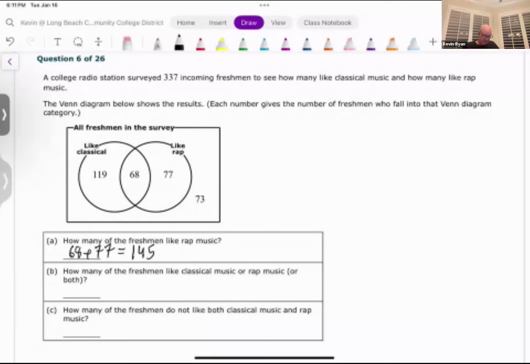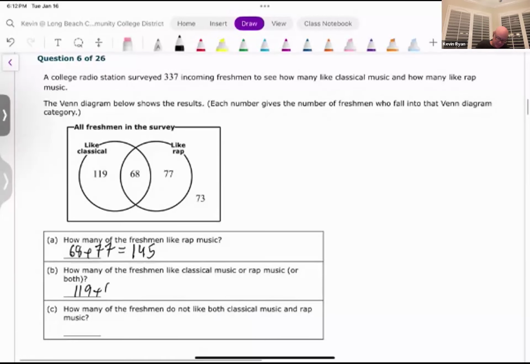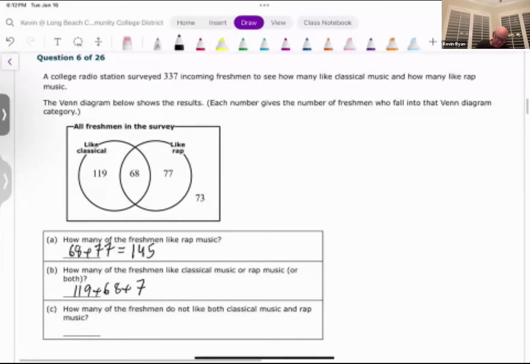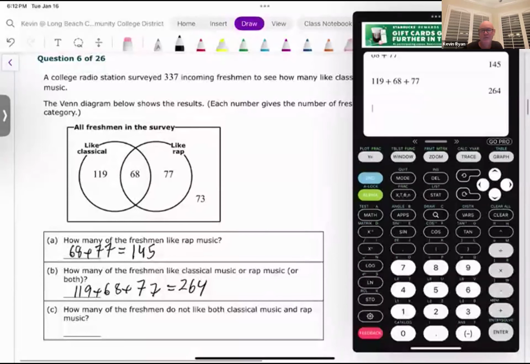How many of the freshmen like classical music or rap music or both? So that's going to be all of those. This here.